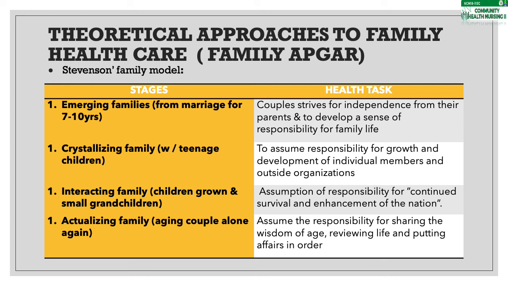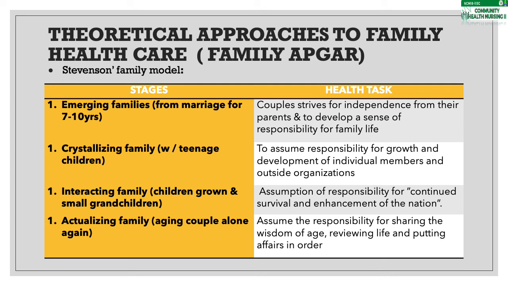Now, this model is very useful for nuclear families because it examines the psychosocial patterns specific to each stage of development. But it does not include the family structure, nor does it address the health promotion and health related concerns that the family may face.